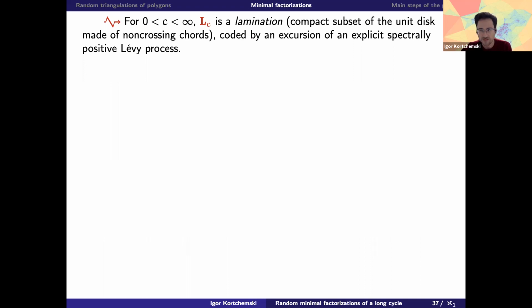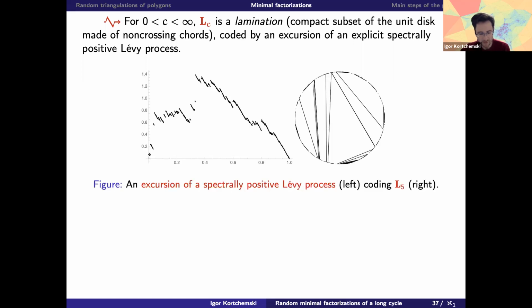It turns out that it's a lamination, meaning that it's a closed, so compact subset of the closed unit disk made of non-crossing chords, but the faces are not triangles anymore. And the fact that it's not triangles anymore is essentially connected to the fact that it's coded by an excursion type process, but which is not continuous.